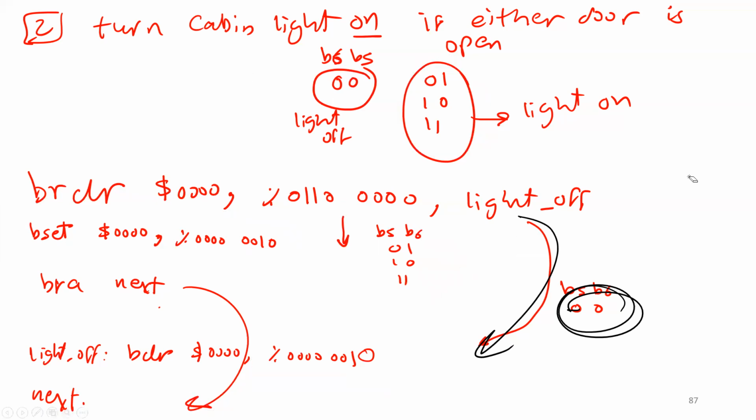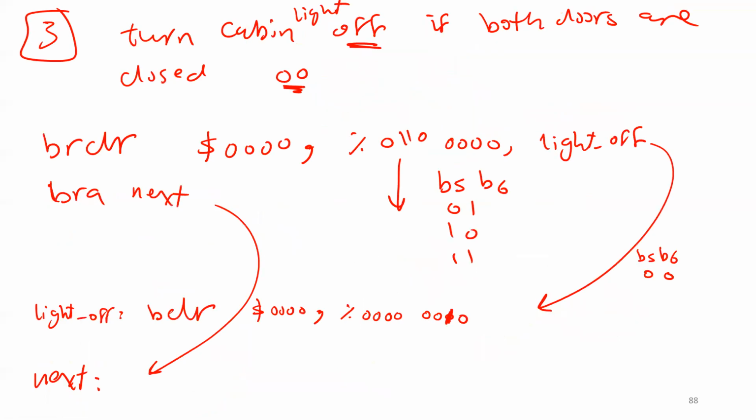Any questions? Okay, one more example. I want to turn the light off if both doors are closed. That's a very easy one. If bit 5 and bit 6 are 0, 0, that means the two doors are closed, and I want to turn the light off. So I'm going to say branch if clear these two bits.